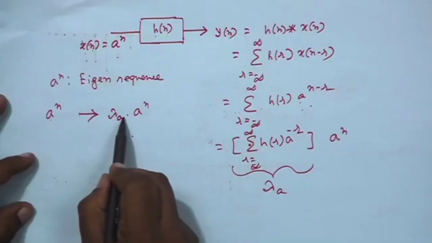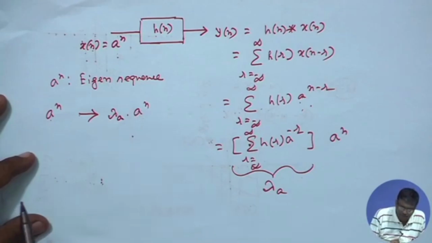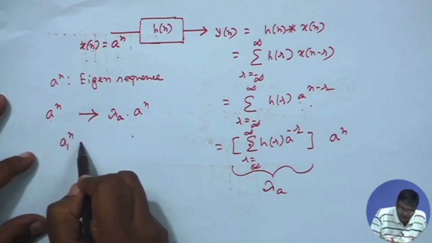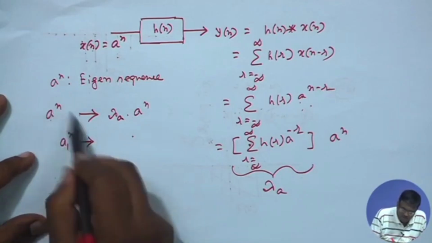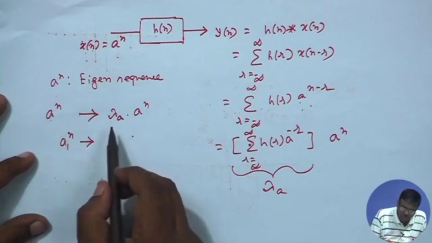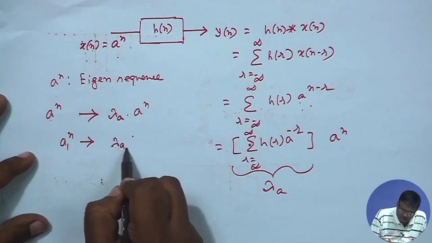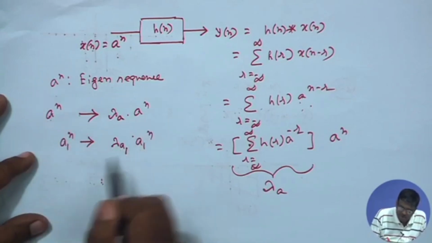A to the power n gave you lambda times a to the power n. Suppose I have a1 to the power n, this is also of this form. It will be an eigen sequence of this system, and the output will be lambda times a1 to the power n, where lambda is evaluated at a1.